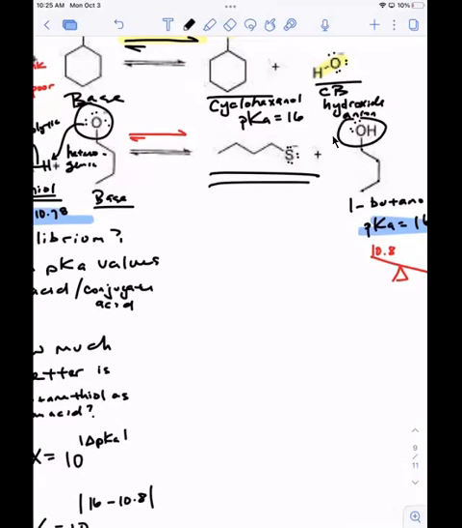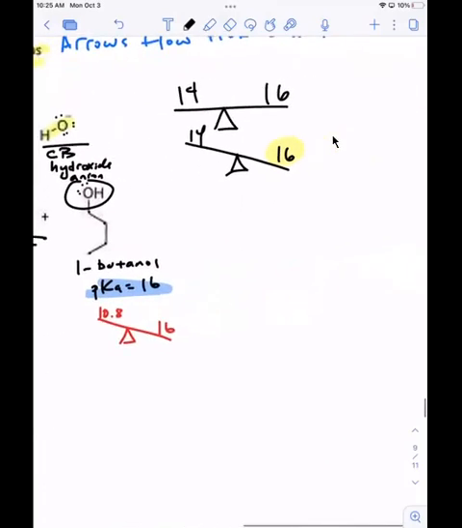So that's why equilibrium is going to favor the weaker acid, because the weaker acid can't compete going the opposite direction, giving up its proton, if that makes sense. So that's why equilibrium favors that side. And I'm gonna write that out here.